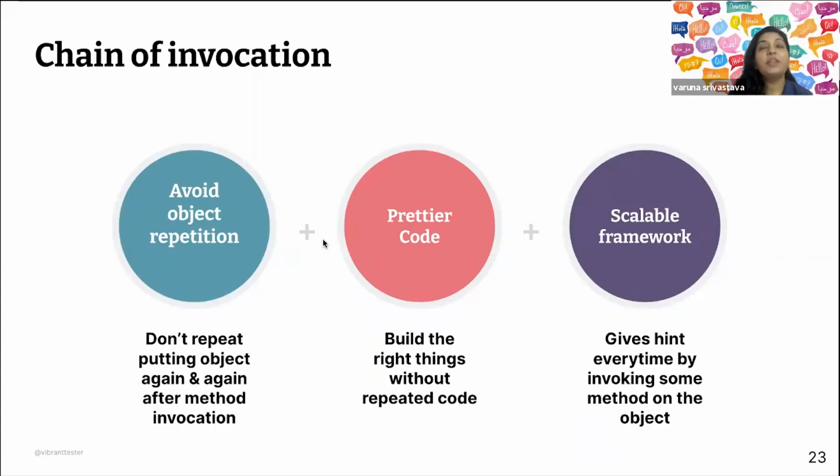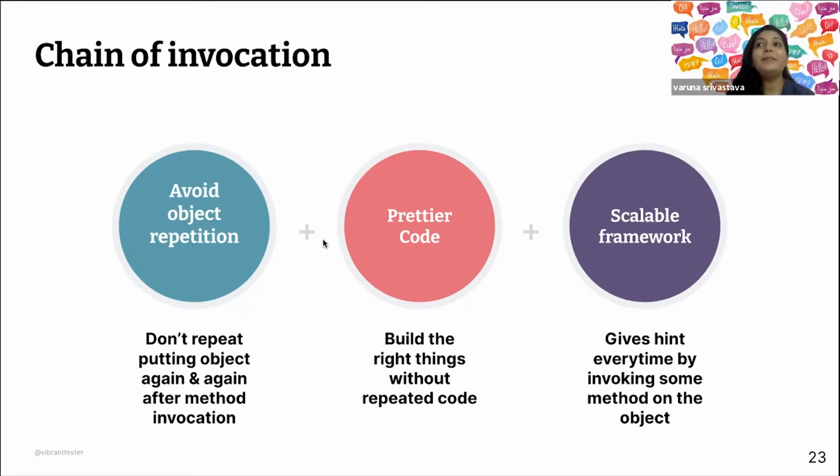So chain of invocation is like, you don't need to instantiate the object like you did on the home page dot enter origin, now home page dot enter destination, now home page dot submit button. How could you think through it? How could you chain this set of events while you are writing your test?